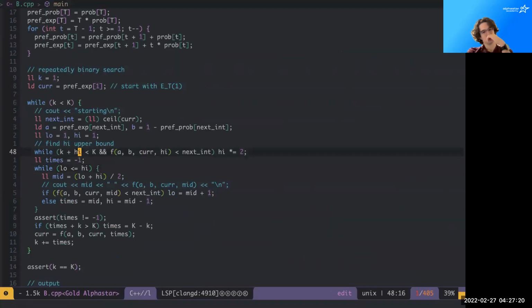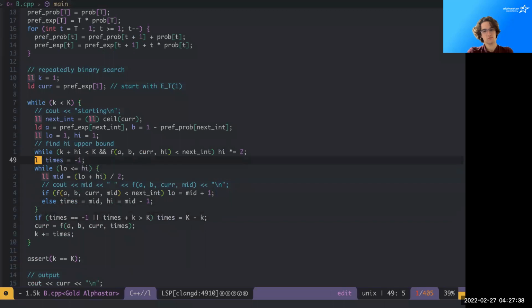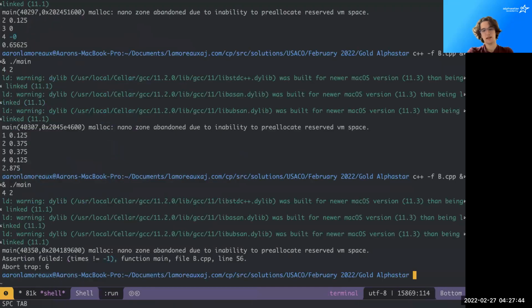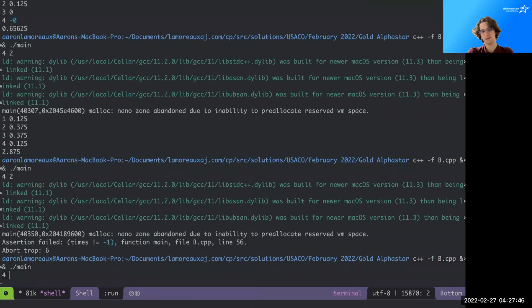If we don't find anything, maybe then we'll do that case.